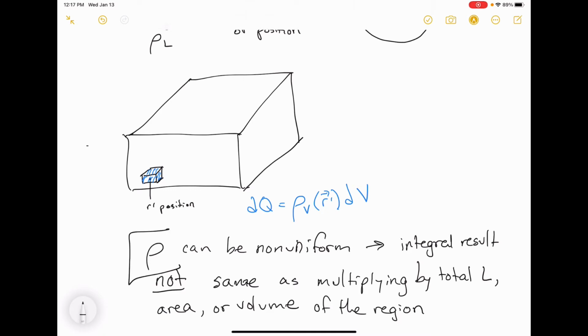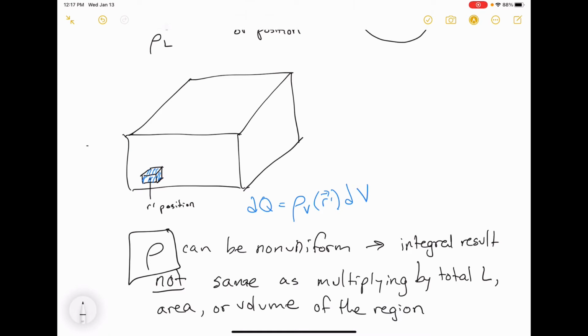Because if your density varies with position, then you don't get the same result by just multiplying by the total volume or the total area. You have to actually evaluate that integral as a function of position.